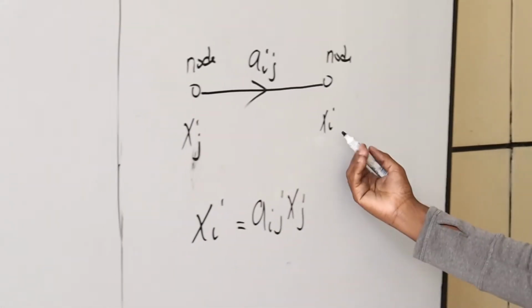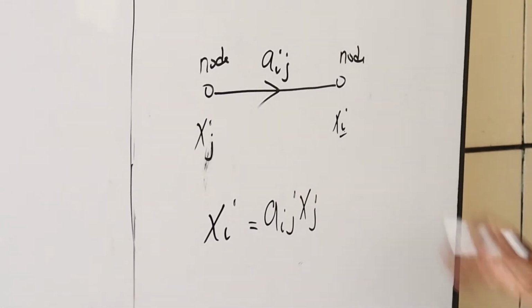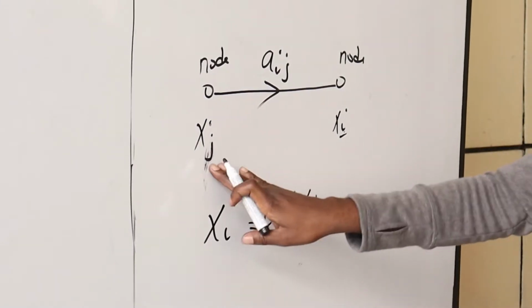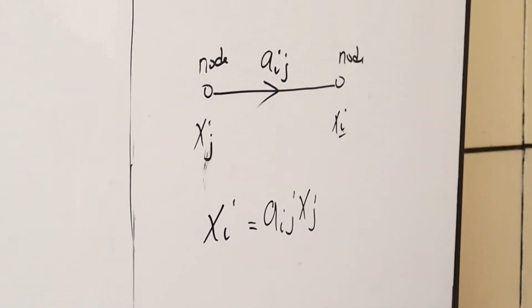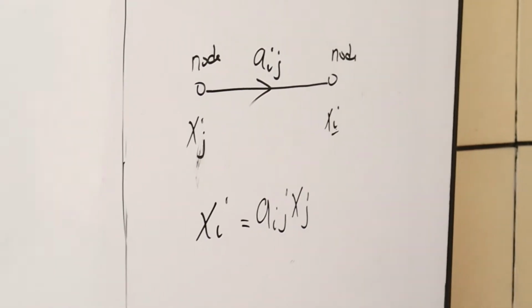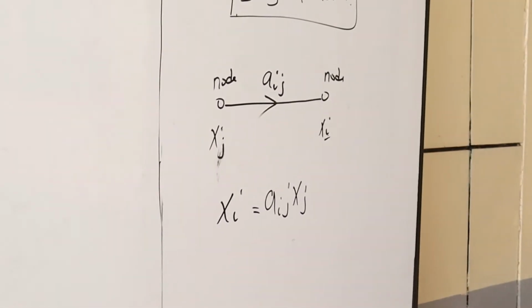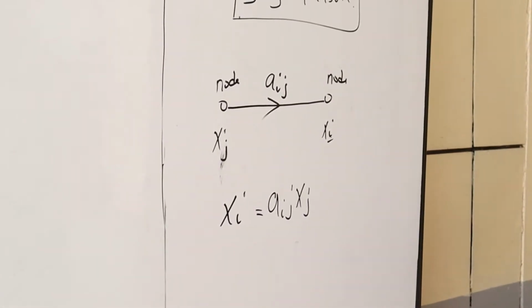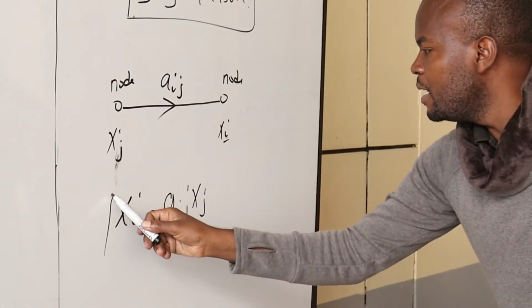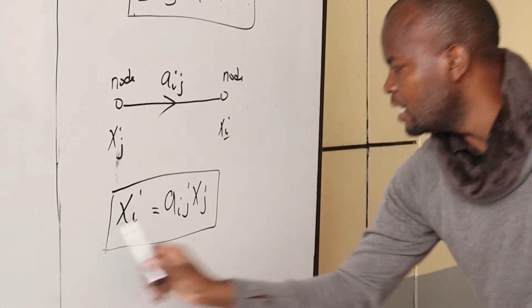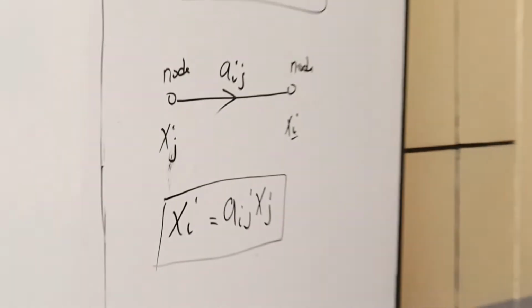The subscript ij shows the direction, where i is the output and j is the input. Therefore, this simple signal flow graph can be represented by this equation.